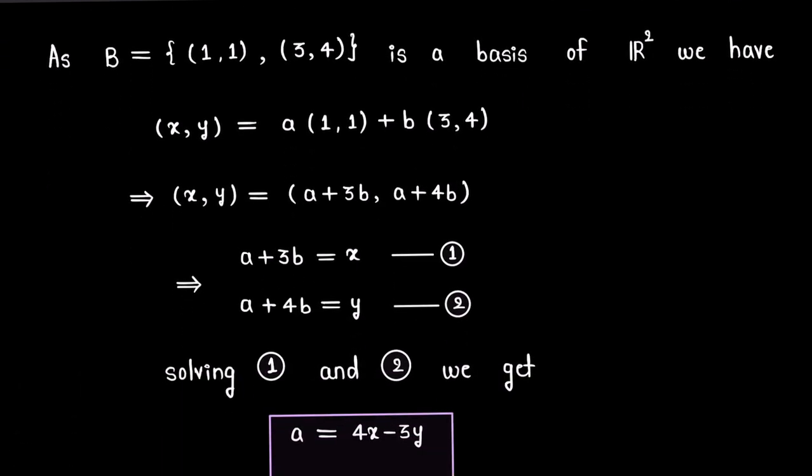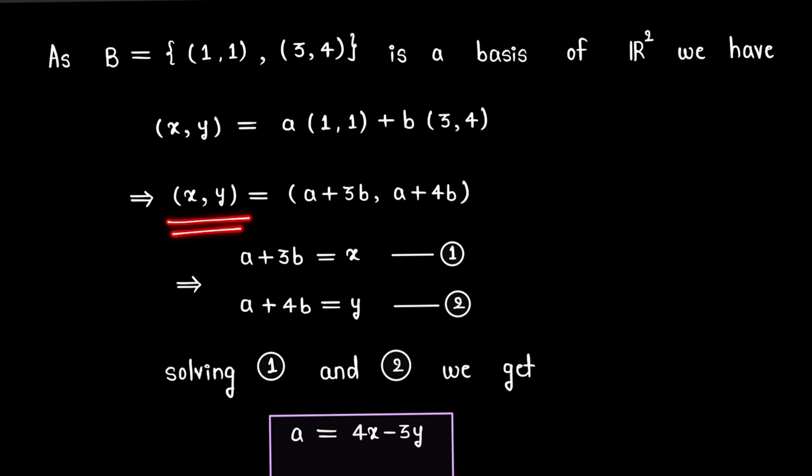Now as B is a basis of R2, any arbitrary vector (x, y) of R2 can be expressed in terms of these two basis vectors as a(1, 1) + b(3, 4), where a and b are unique scalars for this given vector (x, y). Further, this can be written as vector (x, y) equals (a + 3b, a + 4b).